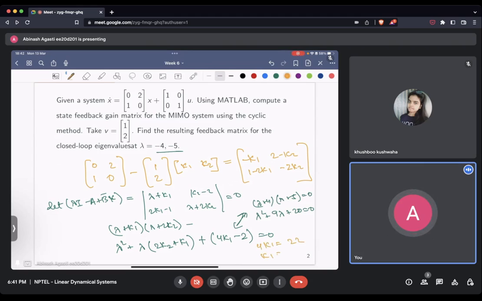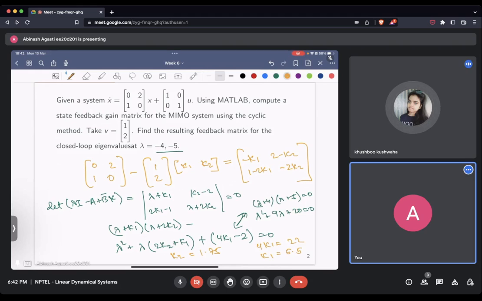So k1 is 5.5. And by that logic, k2 is 9 minus 5.5, so 3.5. And k2 is thus 1.75. Okay. Is this clear? Correct?